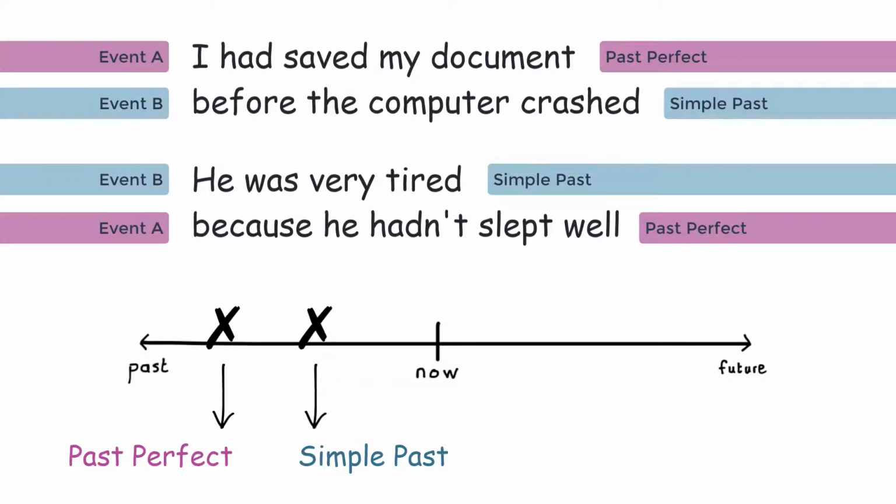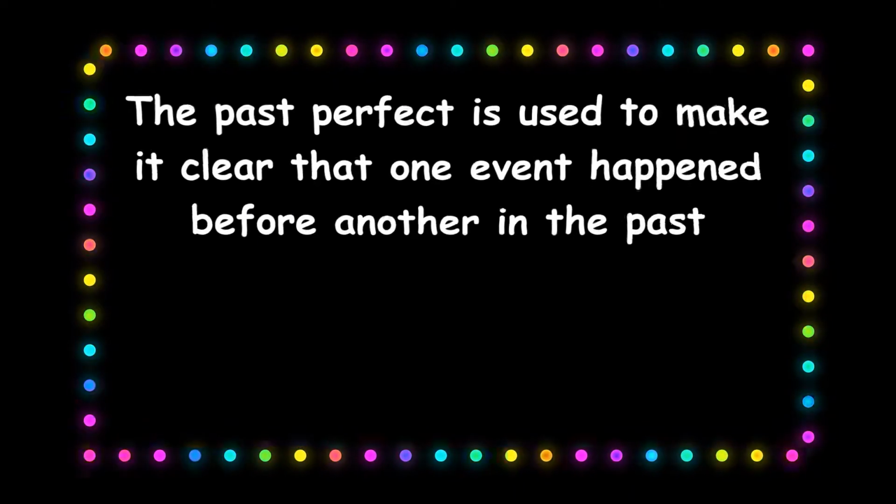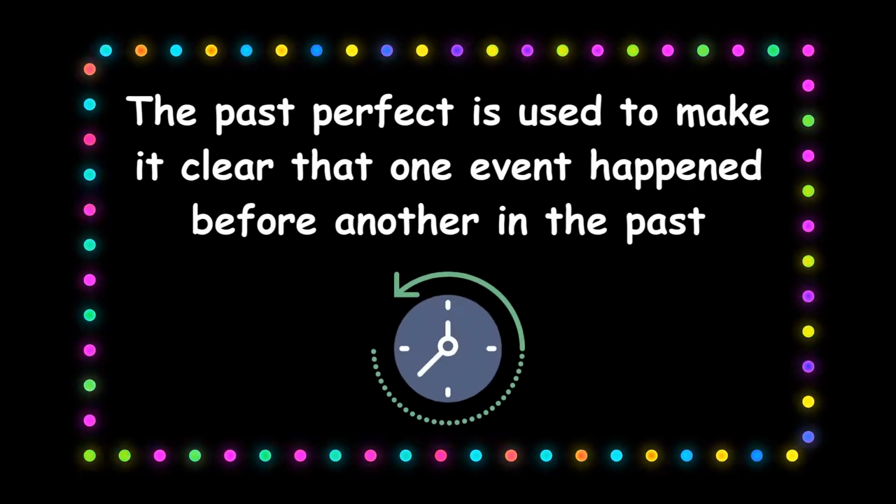It does not matter which event is mentioned first. The tense makes it clear which one happened first. In these examples, event A is the event that happened first, and event B is the second or more recent event. The past perfect is used to make it clear that one event happened before another in the past.